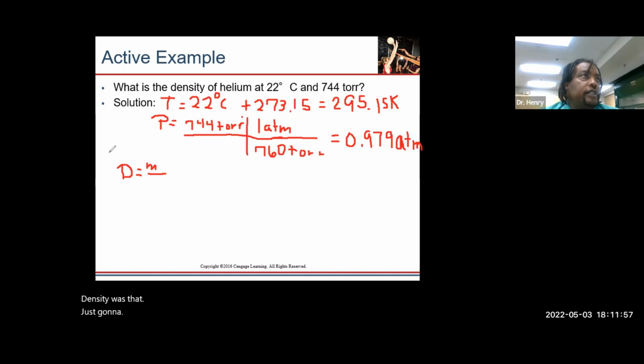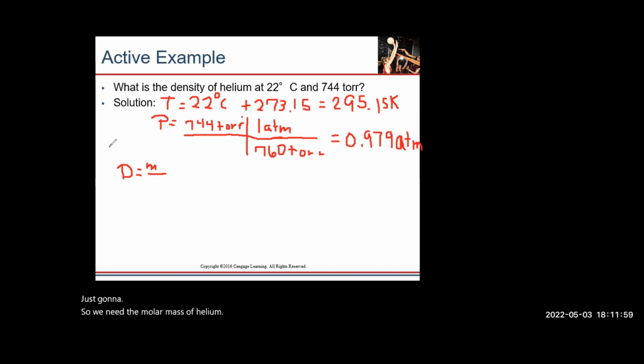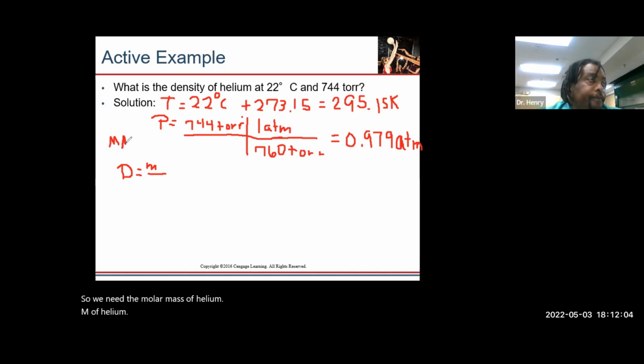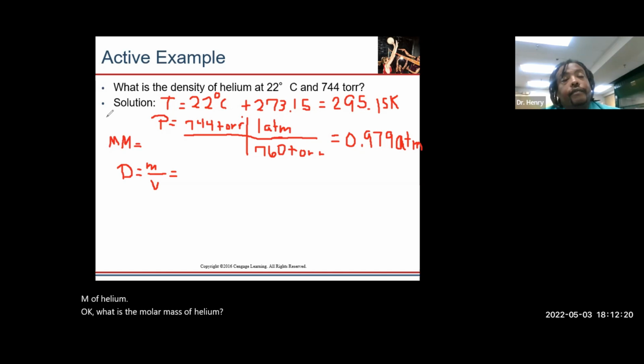Okay, so we need the molar mass of helium. Where would I find that?